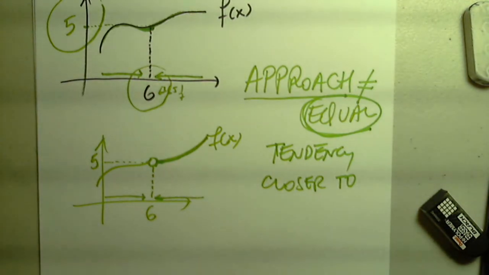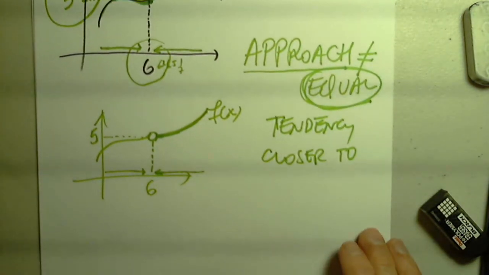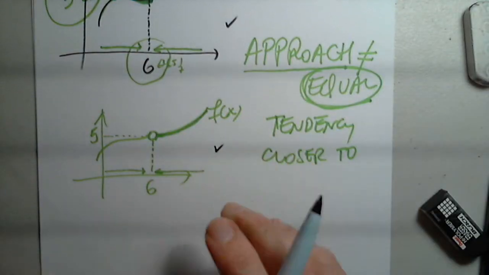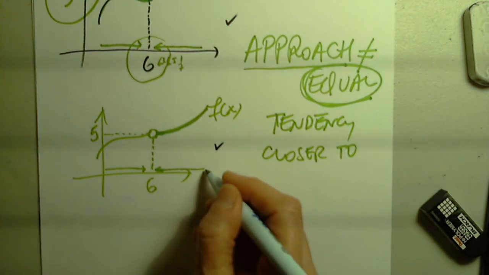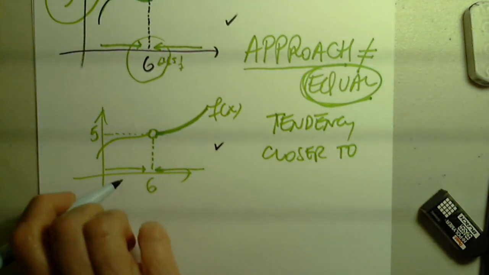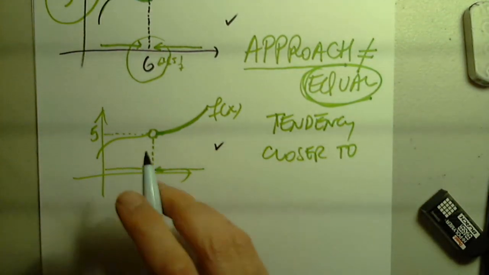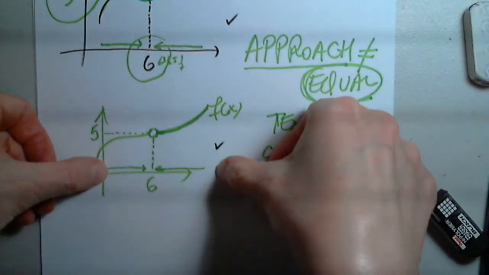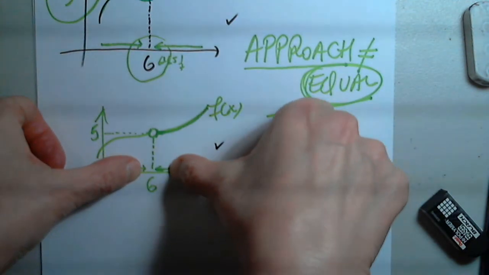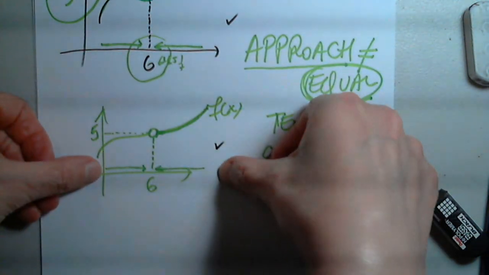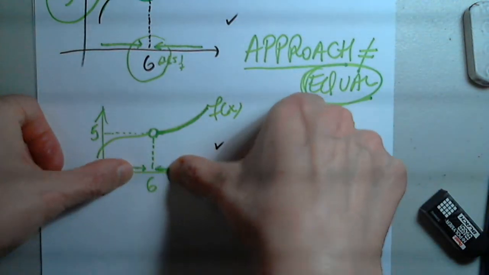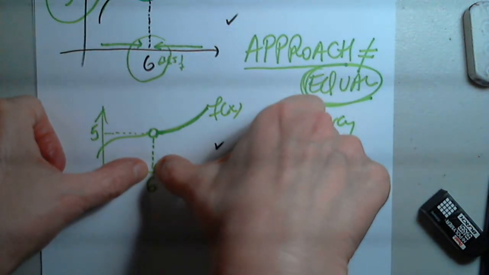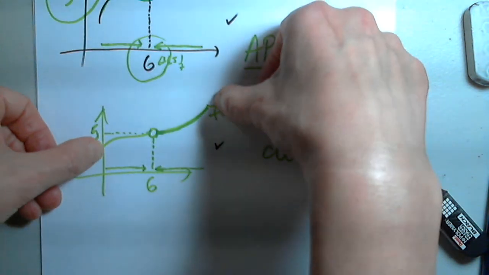It's a sophisticated concept, and we have a specific way of writing this. Notice that I said from the left and then from the right. And also another concept, I can approach simultaneously. We can find x values that simultaneously on both sides approach 6, and still this works.